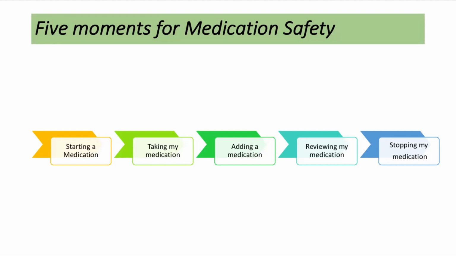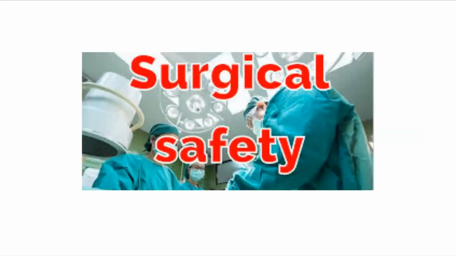Periodically you review medication. If you are stopping, steroids shall not be stopped abruptly; those shall be tapered. In certain other situations there may be other guidelines. If all these things are properly addressed, medication safety improves. If not addressed properly, there is compromise in patient safety.